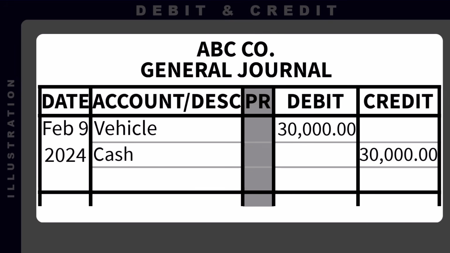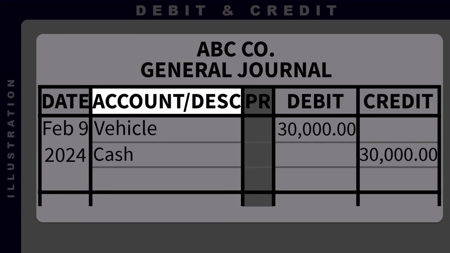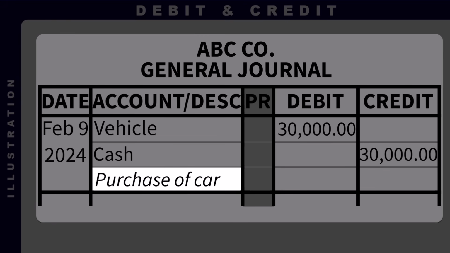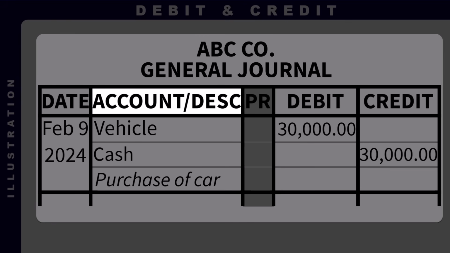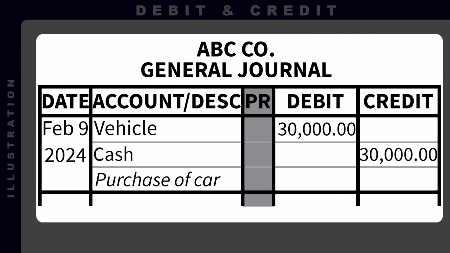Finally, we must give a brief description of what this transaction is for. We can write that here in the account/description column at the bottom. That is why this column is named account/description, because we write the name of the accounts here, and also we write a brief description here at the bottom as well.